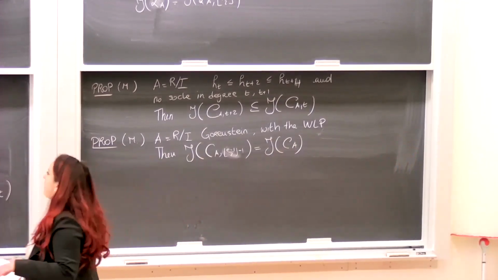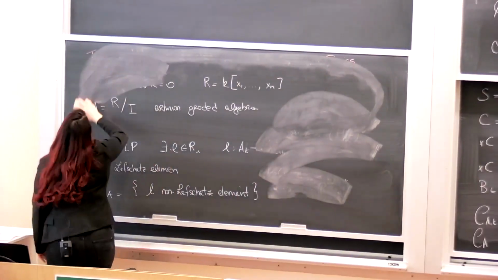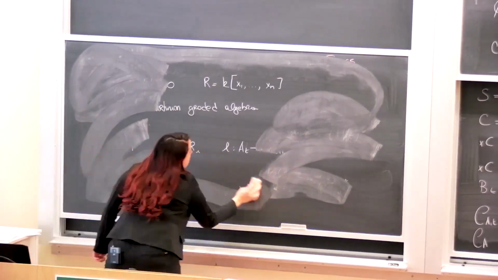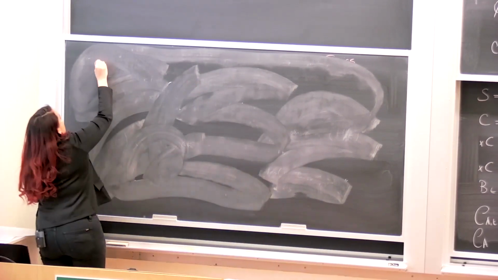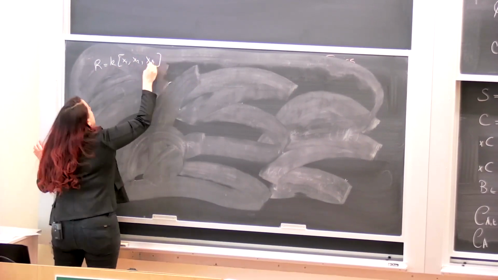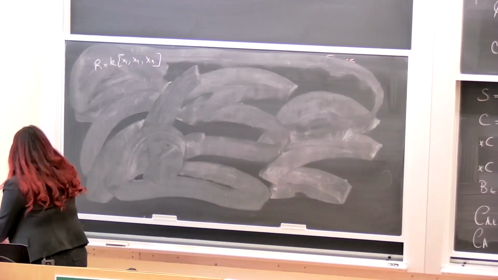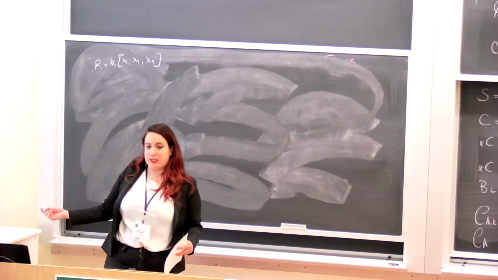Okay, so this is the general definition, and from now on, I will just work in the case of three variables. Here R is just k[x1, x2, x3]. And we are also looking at complete intersections.